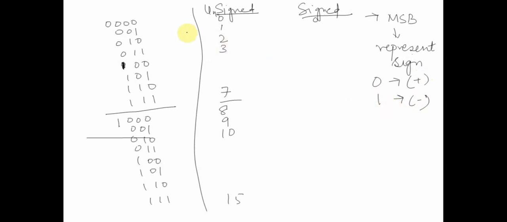So in a signed number, if you see all the numbers from 0 to 7, they have a 0, so these are all positive numbers. Then the last three bits represent a value, 1, 2, 3, and so on till 7. And this bit represents the sign, negative.